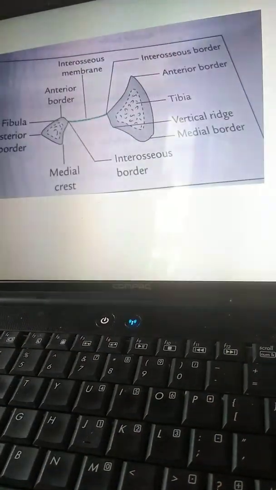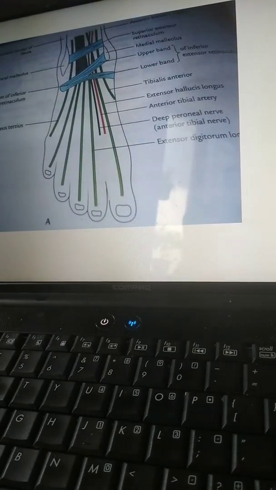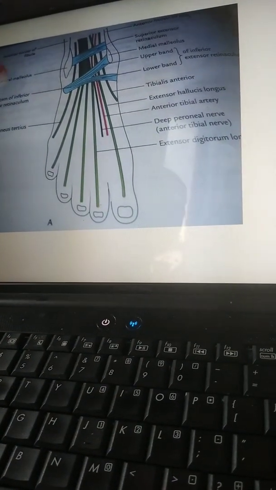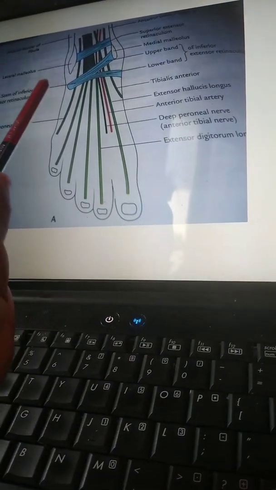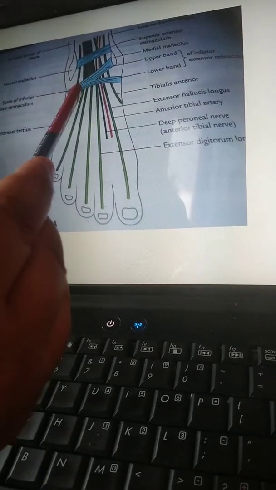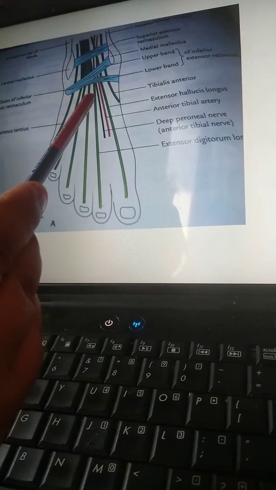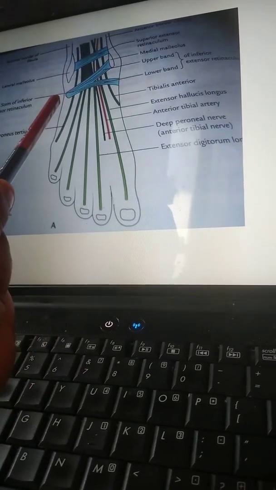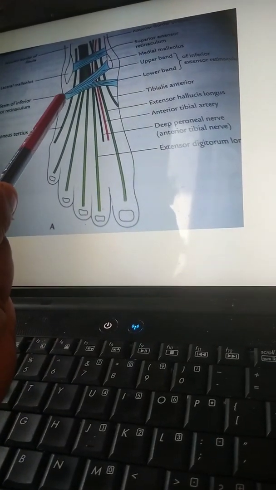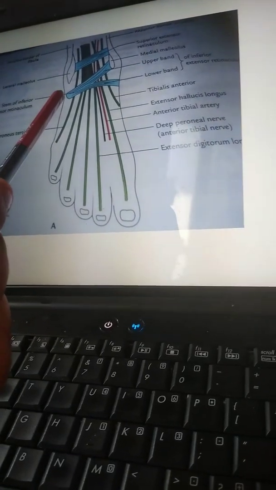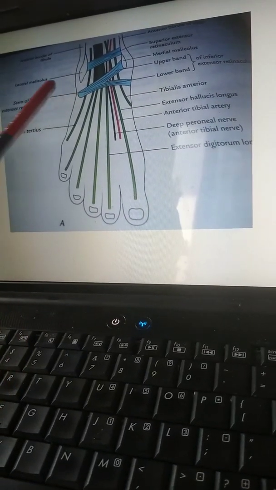Now the retinacula. Around the ankle, deep fascia is thickened to form strong fibrous bands called retinacula. They retain the tendons around the ankle in place and prevent their bowstringing during the movements of the foot.